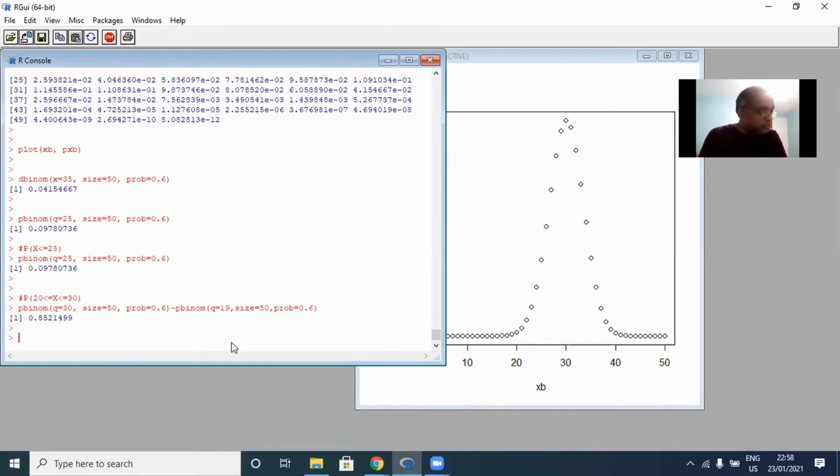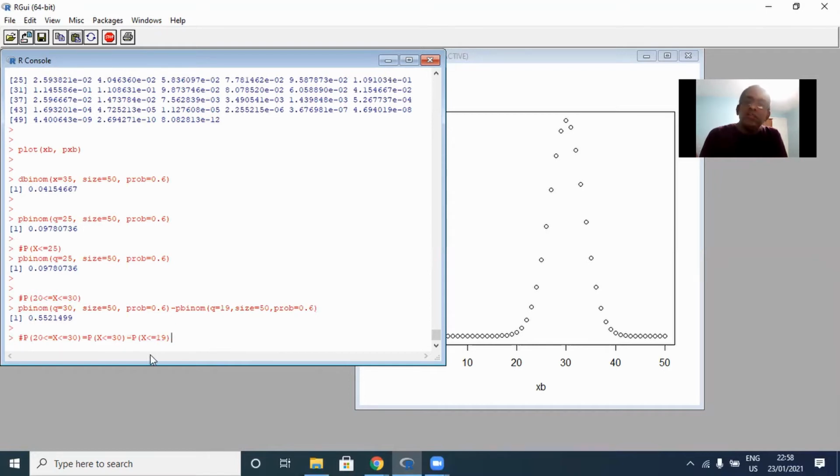So this is the answer that you will get. Do you see why? Because this probability is the same as the probability that x is less than or equal to 30 minus the probability that x is less than or equal to 19.